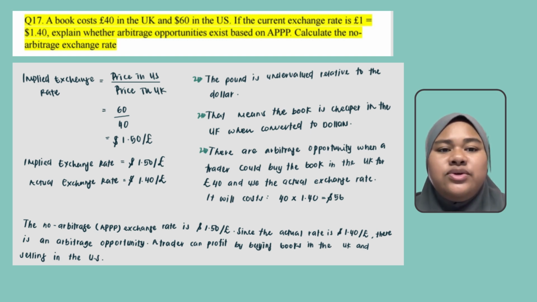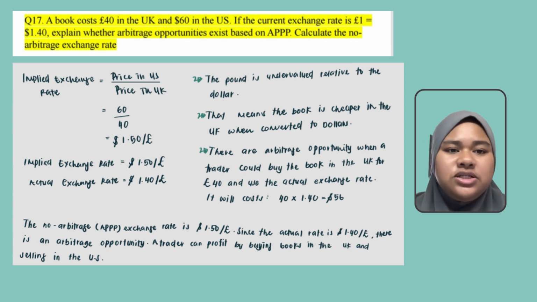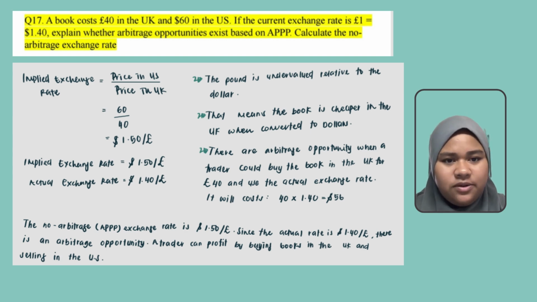Then he will get a profit of $60 minus $56, which is $4. So in conclusion, because the current market exchange rate differs from the theoretical APPP rate, arbitrage is possible. In this case, an arbitrageur could profit by purchasing the book in the UK and selling it in the US.